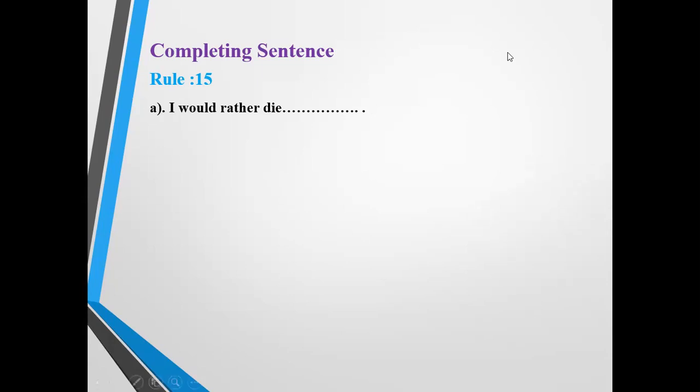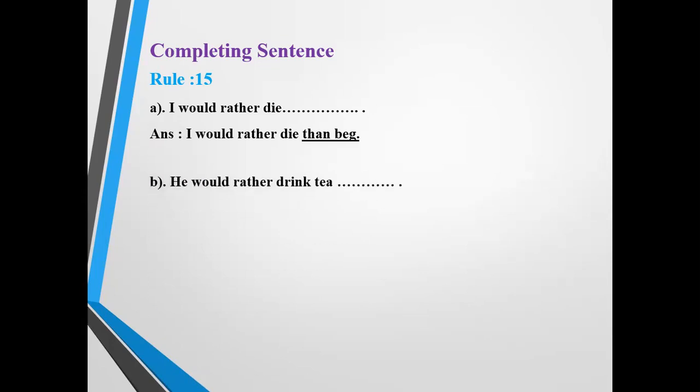So the answer will be, I would rather die than beg. Number B, he would rather drink tea dash. The answer will be, he would rather drink tea than coffee.